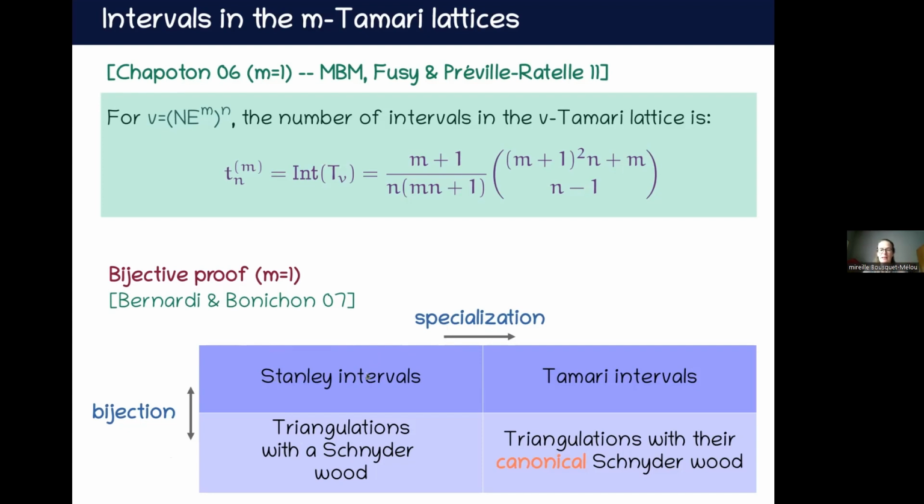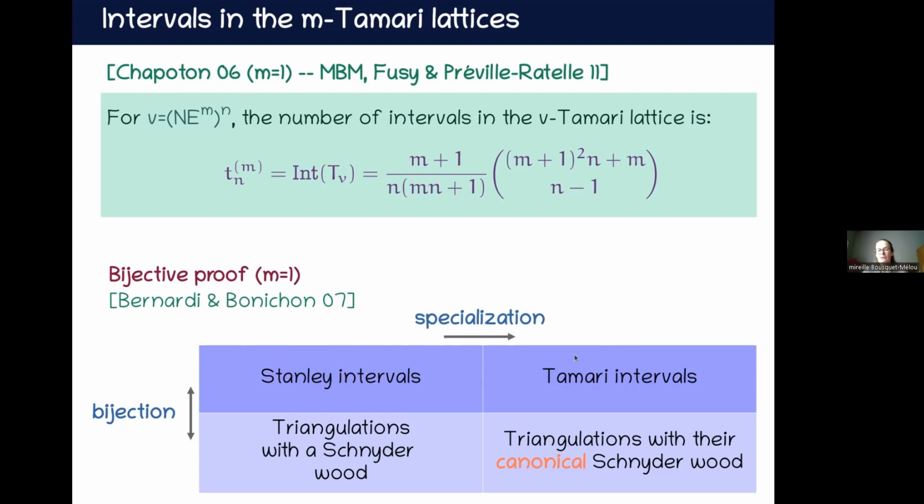So beforehand, we had the Stanley intervals, pairs of paths, one below the other, and triangulations with this Schnyder wood, whatever this is. Now, all Tamari intervals are in particular Stanley intervals. Of course, the converse is wrong.